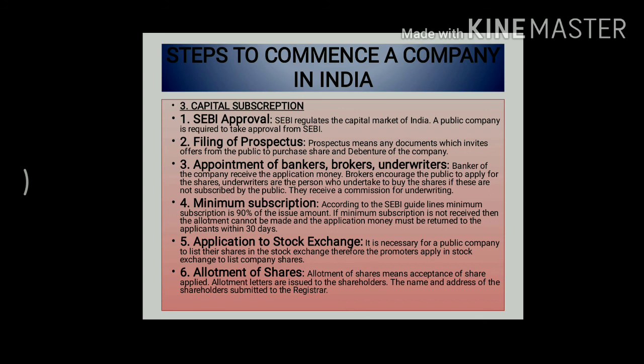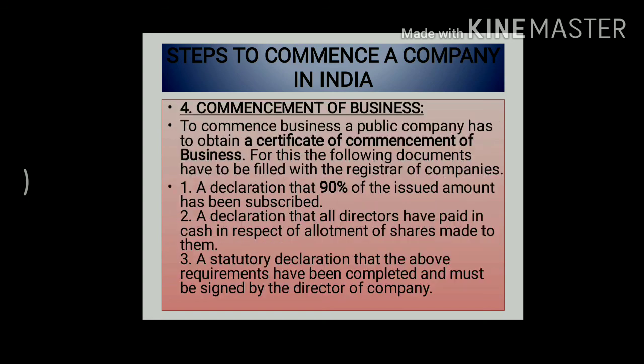And now with this, they can allot the shares to the shareholders, and this list of shareholders is now submitted to the registrar. After submitting this list of shareholders, the registrar issues the certificate of commencement of business. That is the fourth step.